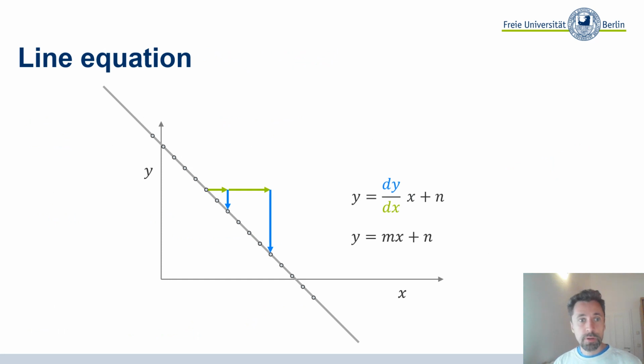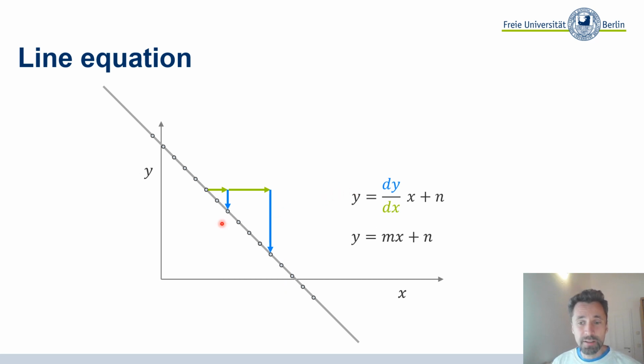So let's review line equations real quick. In the one-dimensional case, we have a dimension x and the output dimension y, both being scalar values, so one-dimensional.